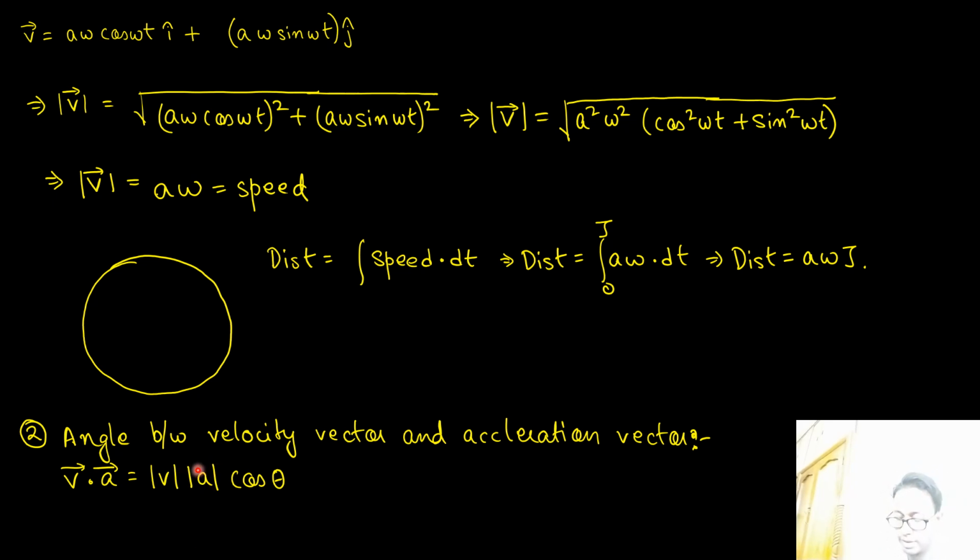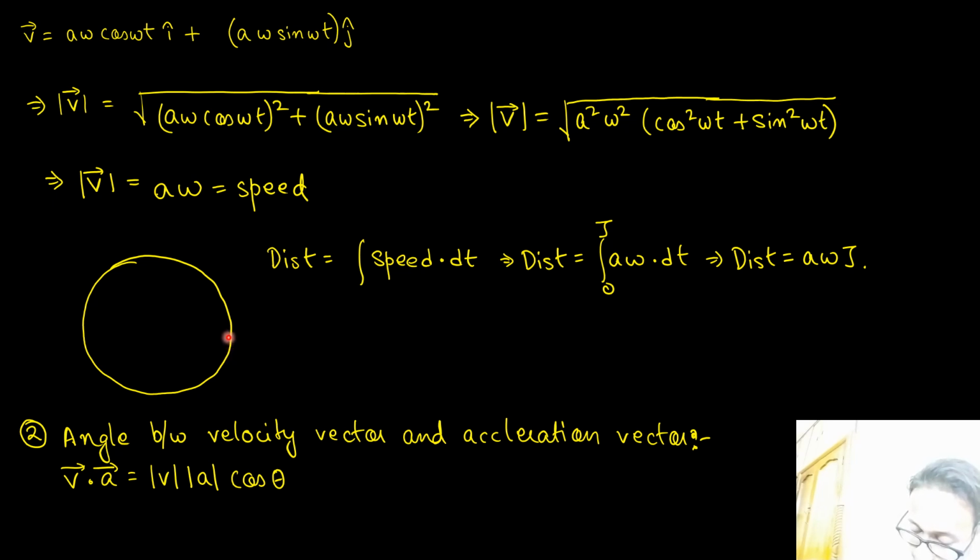To find the magnitude of a, one more trick that I'm going to share with you is this: whenever there is a circular motion and the speed is constant in the circular orbit, there is only one acceleration required to keep the particle in a circular orbit, and that is radial acceleration. That means the acceleration will always be directed towards the center of the circle.